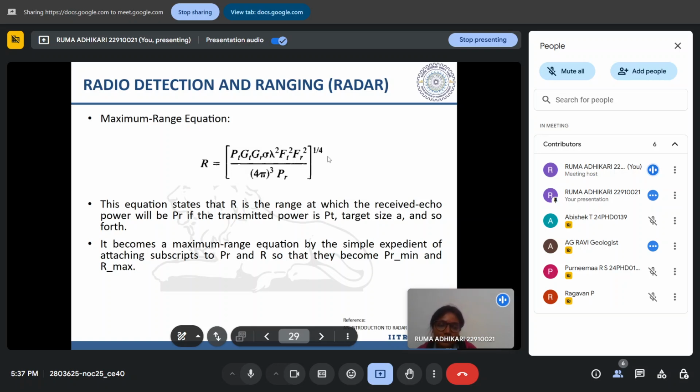What we can change here is r. The gain, radar cross section and lambda are all constant for a particular sensor or antenna. But the received and the transmitted power increase or decrease the range with the 1/4 power of this. So we are interested in the maximum range equation.